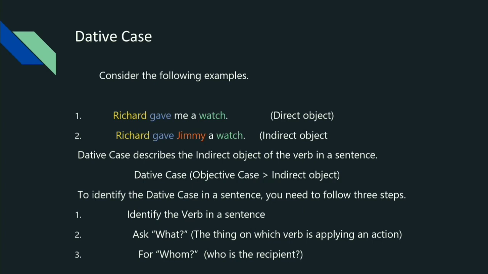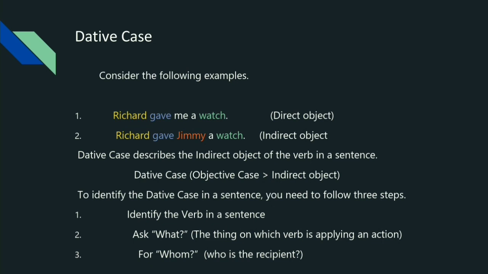And to identify the dative case in a sentence, you need to follow these three steps. First, identify the verb in a sentence. So in the above example, Richard gave Jimmy a watch, gave is basically a verb. And the second step is ask what. It means the thing on which the verb is applying an action.